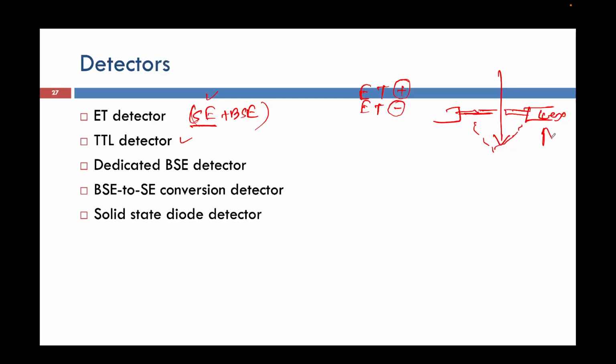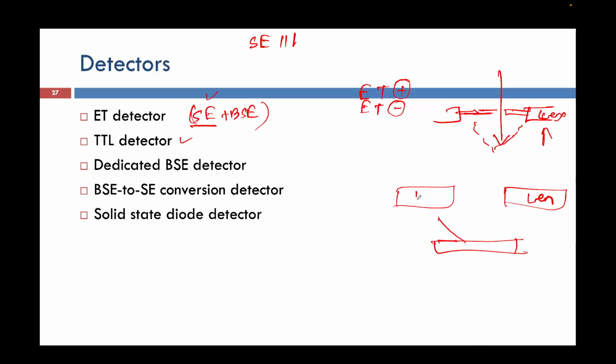BSE to SE conversion detectors are there, because there is a secondary electron signal, secondary electron three, which we have discussed in the previous class, that comes from the backscattered electron. Let's say this is my sample, and the backscattered electron goes and hits the lens here.